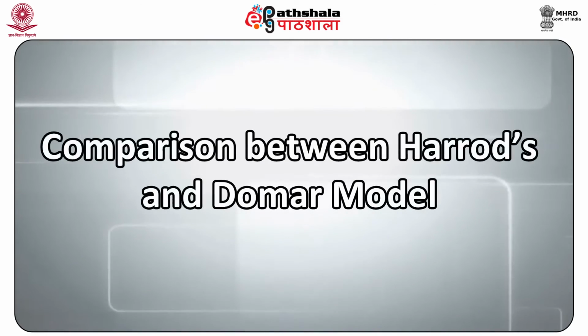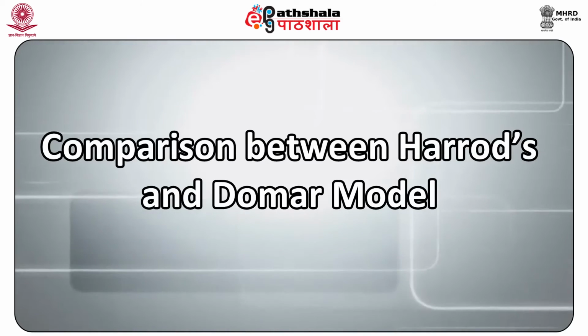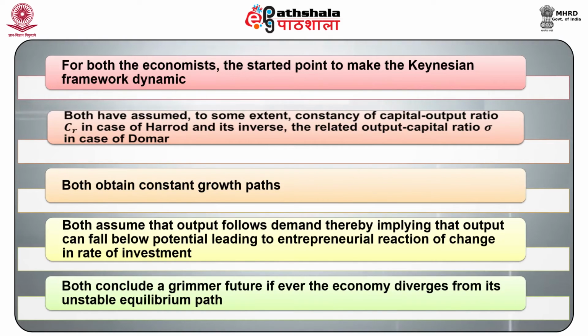Now let us look into the comparison between Harrod's and Domar's models. As we have discussed, the two models are similar in many ways. Number one, for both economists, the starting point is to make the Keynesian framework dynamic. Number two, both have assumed to some extent the constancy of the capital output ratio, that is CR, in case of Harrod, and its inverse, the related capital output ratio, that is sigma, in case of Domar.